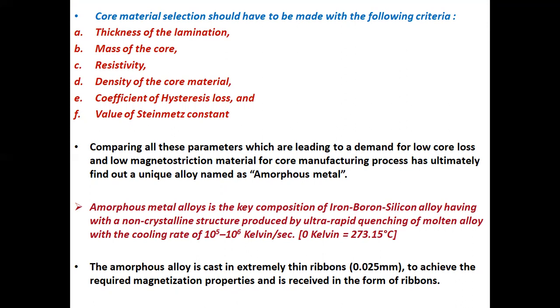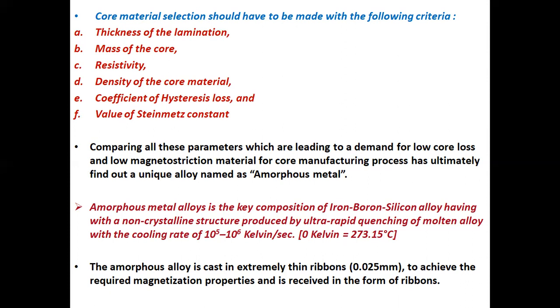Amorphous metal alloy is a composition of iron, boron and silicon, having a non-crystalline structure produced by ultra rapid quenching of molten alloy with a cooling rate of 10 to the power 5 to 10 to the power 6 Kelvin per second. 0 Kelvin is minus 273.15 degrees centigrade.